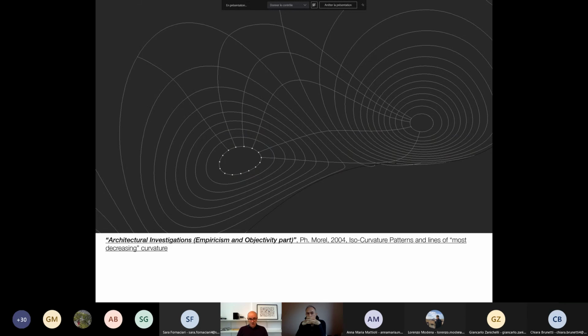So this was the practical output of this research. I defined what's called an iso-Gaussian curvature pattern. I mean, it was not so used at the time. I don't even know if it was used at all. It is self-adaptative and gives you an extremely interesting way to approximate non-developable three-dimensional surfaces.